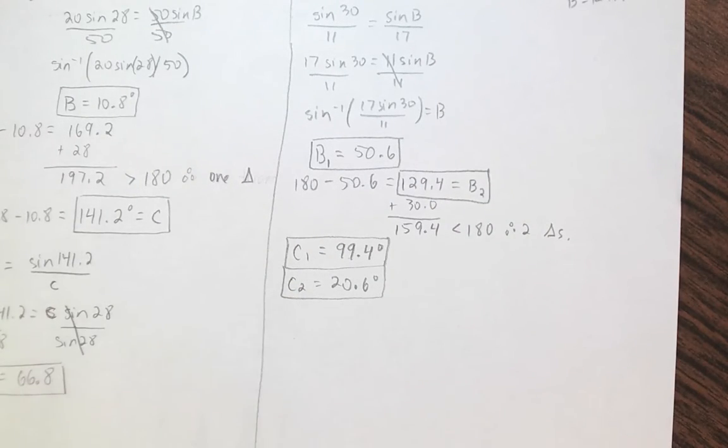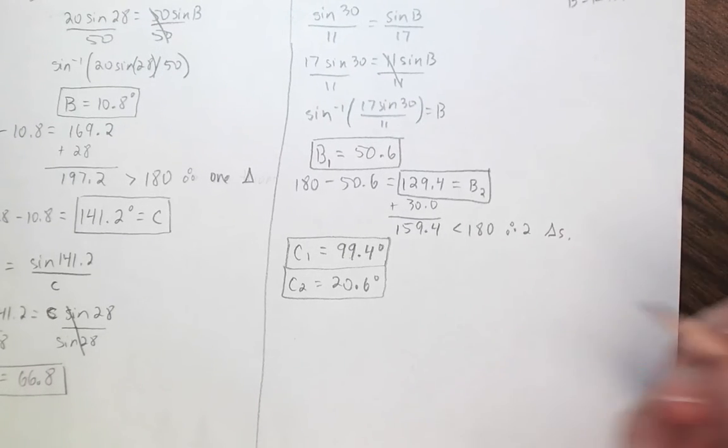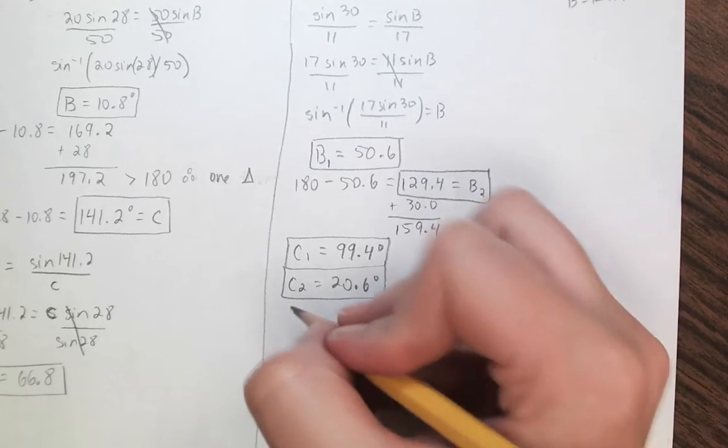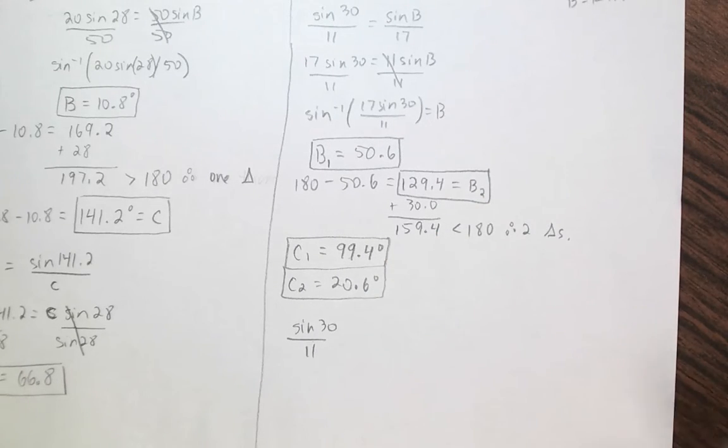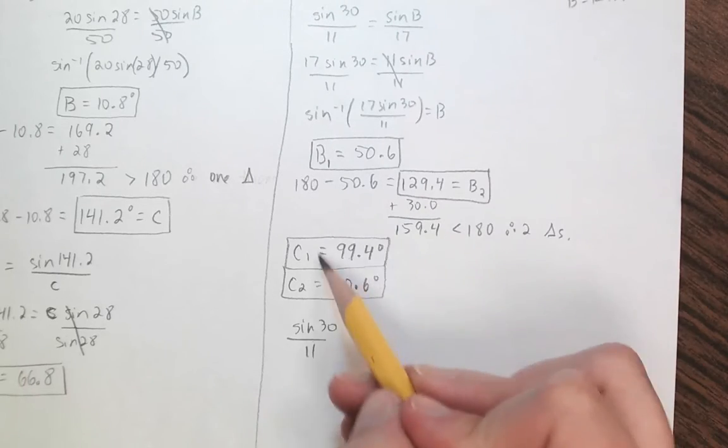And now we have to find the two possible side C's. So law of sines or law of cosines, I tend to lean towards law of sines because I think it's a little bit simpler. So now I'm going to use my sine of 30 over 11. And then if I have to find side C, I need to use this.